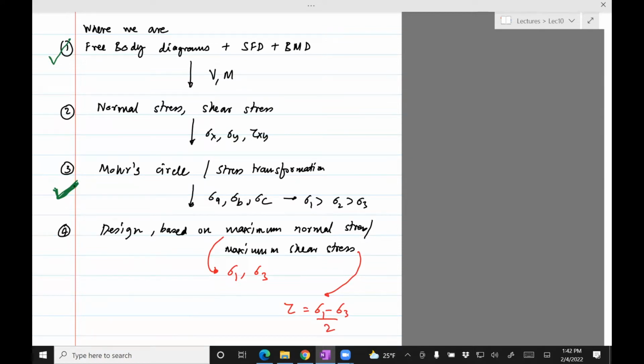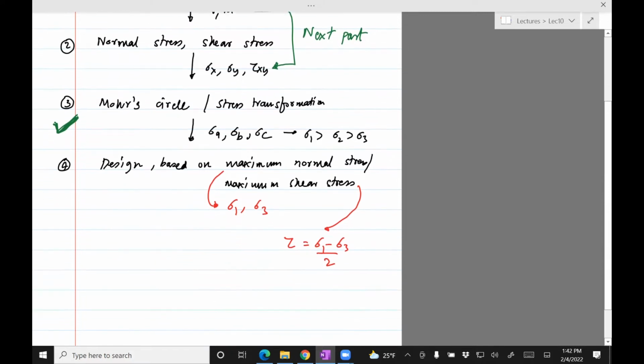Now what we're going to try to do is connect V and M with this. How can we find sigma x, sigma y, tau xy, and of course sigma z, and so on, given V and M? This is the next part, and then this will come later in the course.